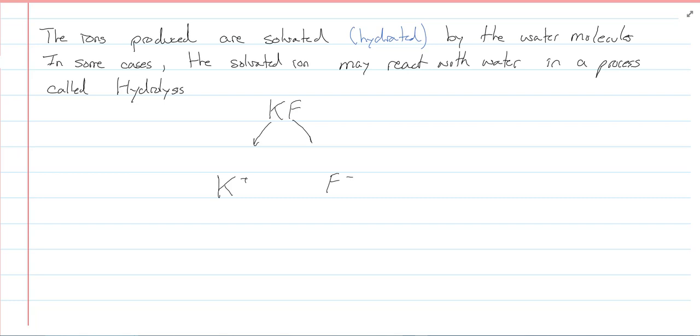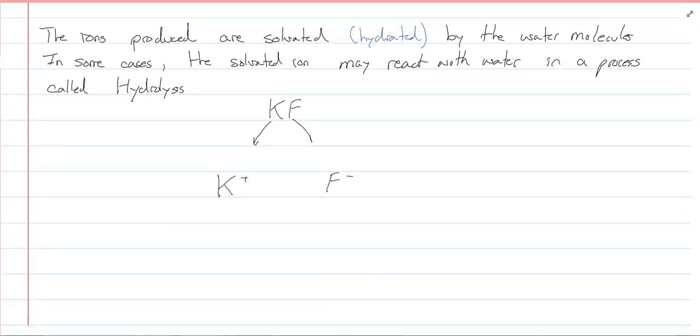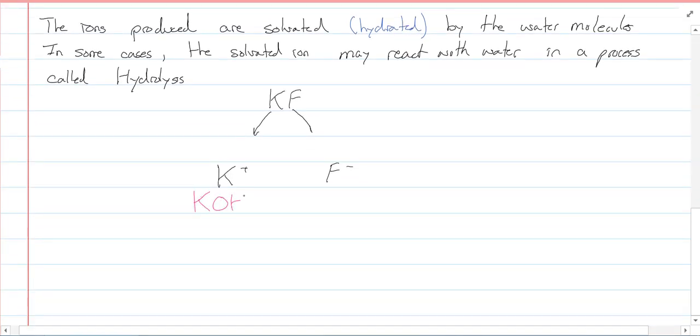Well, potassium is a group 1 metal, and so potassium hydroxide, KOH. Fluoride, well, it's not FOH 2 minus, it would be HF. So we know this is a strong base for potassium hydroxide, and we have a weak acid.